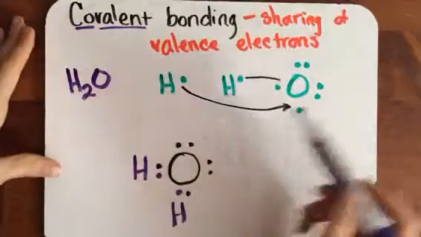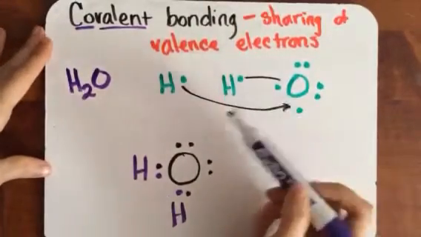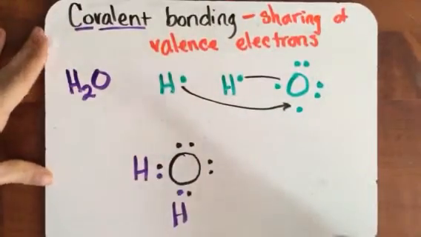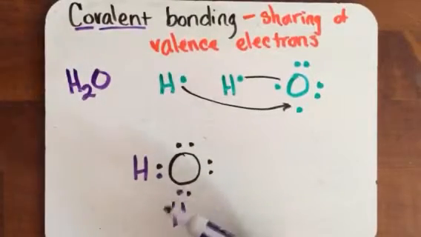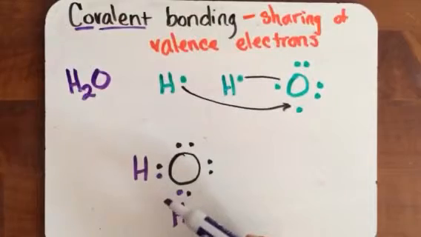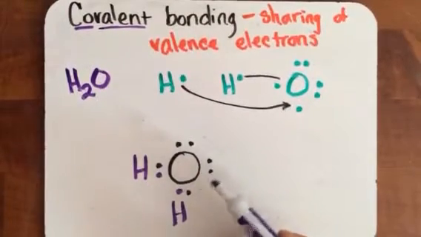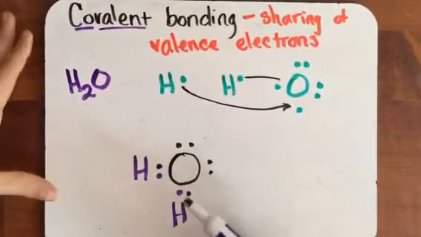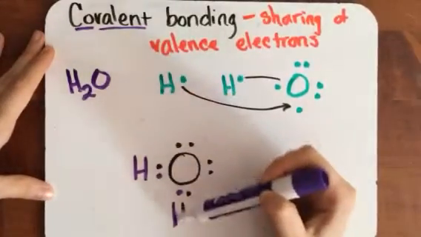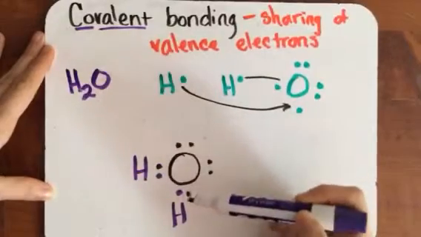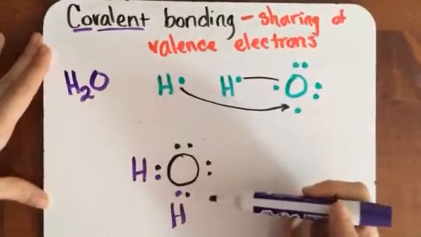Remember, ionic is when an atom would just steal electrons and create charges. There's not really much of a charge happening here, at least for our purposes right now. We'll talk about polar and nonpolar molecules in a little bit. But notice that you've got your H2O, 2 hydrogens bonded to 1 oxygen, and this is really a molecule.